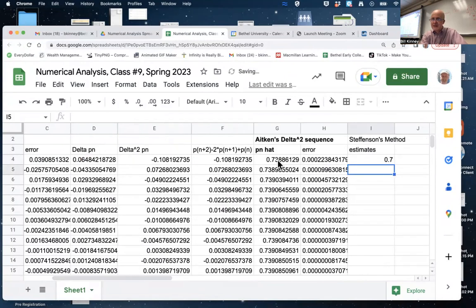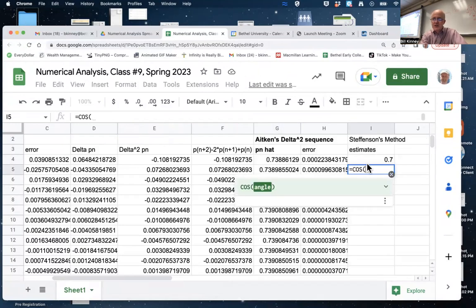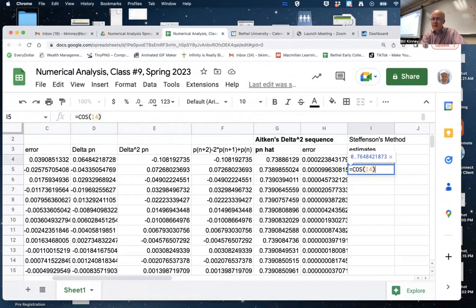It's going to be different than Pn hat initially. We're then just plugging that into the cosine function, like we did with the first approach, which was the slowest approach. And then we apply Aitken's delta squared method to this. So the third iteration here, this number that I get should be the same as this number here, P hat 0.